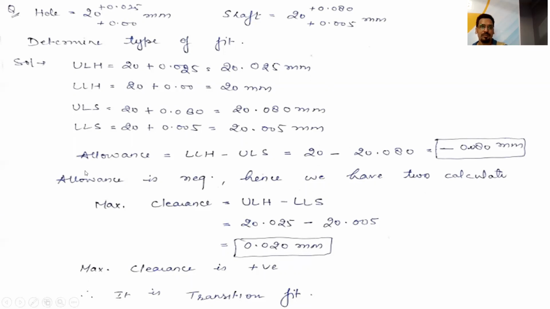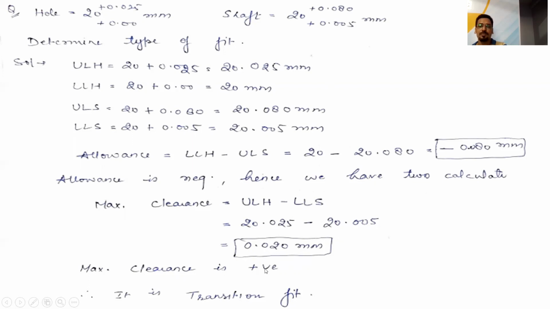For that we have to calculate the maximum clearance. The maximum clearance is given by the upper limit of the hole minus the lower limit of the shaft, that is 20.025, the upper limit of the hole, minus the lower limit of the shaft, that is 20.005. So the maximum clearance will be 0.020 mm.